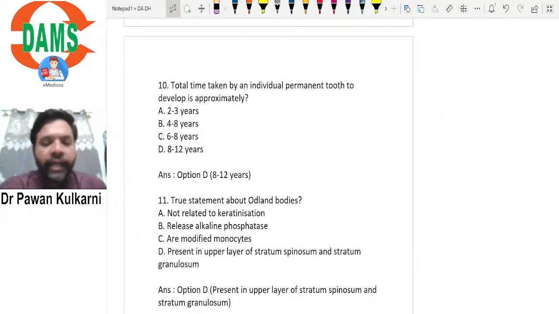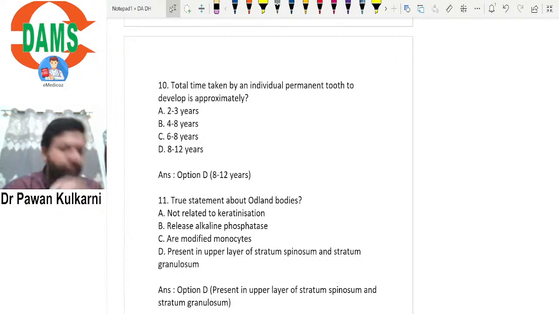Total time taken by an individual permanent tooth to develop is approximately. This question is a bit tricky. You have to understand this. What do you mean by total time taken?